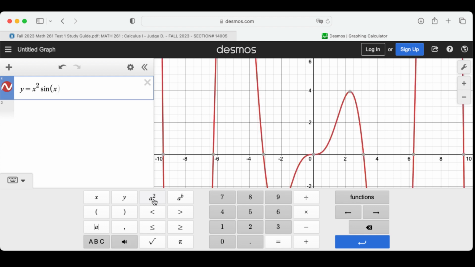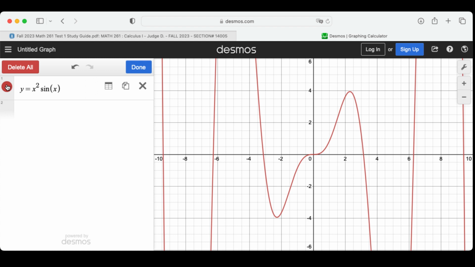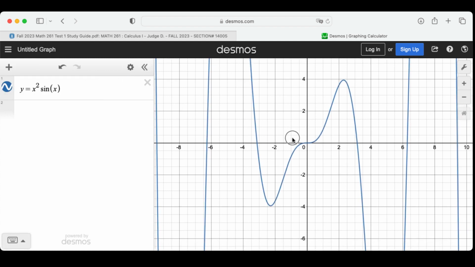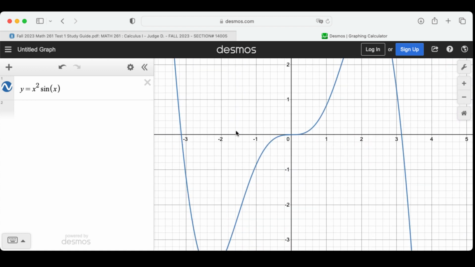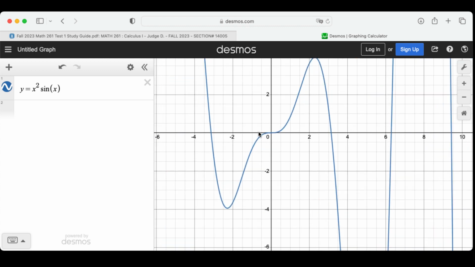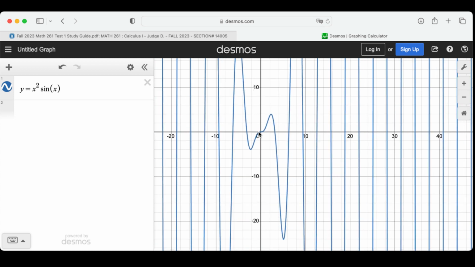Oops, not sine. Let's change that color. And this is around 0. So obviously this is a nice, beautiful, continuous function.